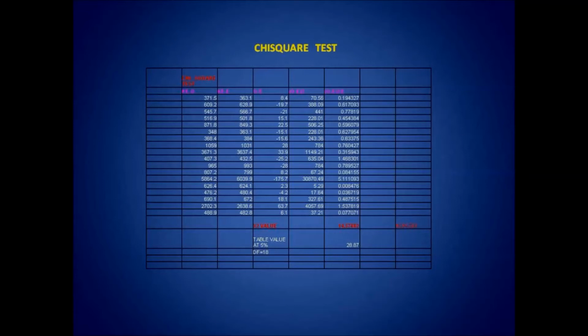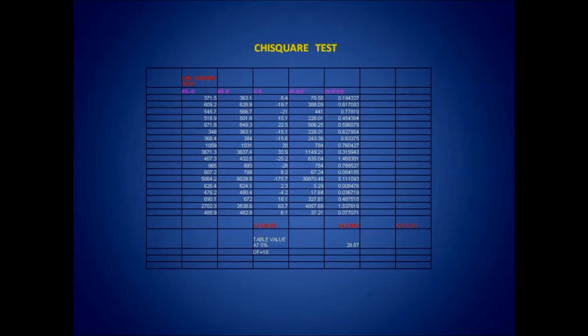We expect some percent of the population, but whether the observed population is the same as the expected population percentage, to test the validity of these things, we do the chi-square test.